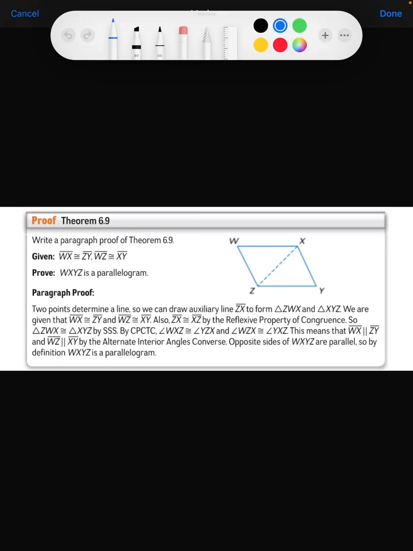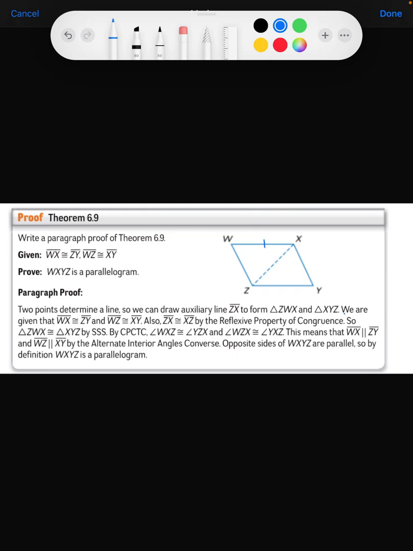Let's take a quick look at the proof if you want to know why this is true. So if we're given that WX equals ZY, so we're given these two are congruent, and WZ equals XY, so if our opposite sides are congruent, we want to prove that WXYZ is a parallelogram.